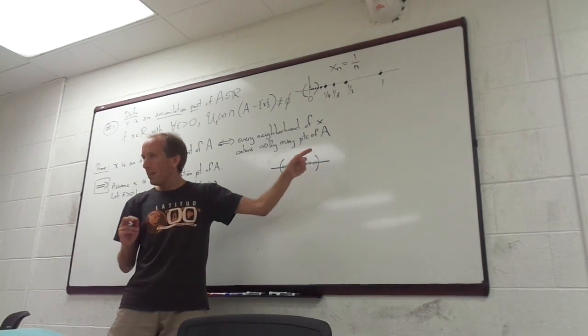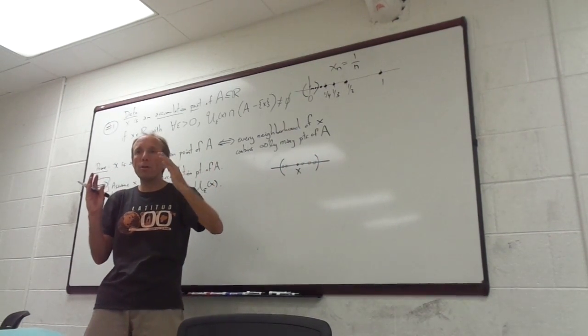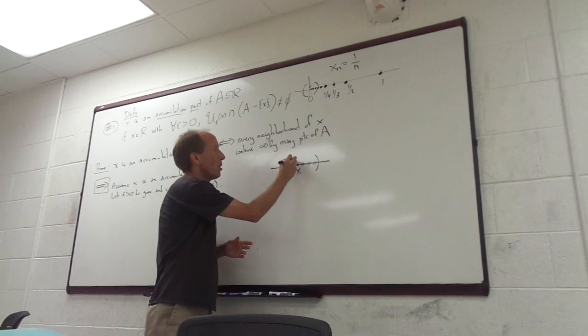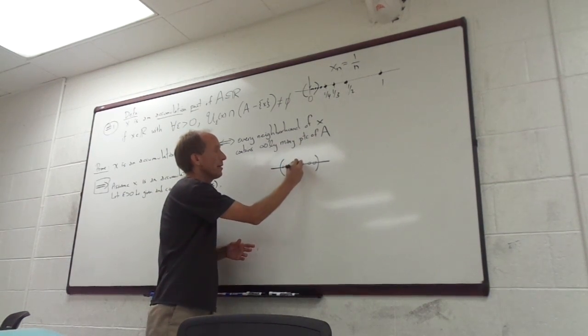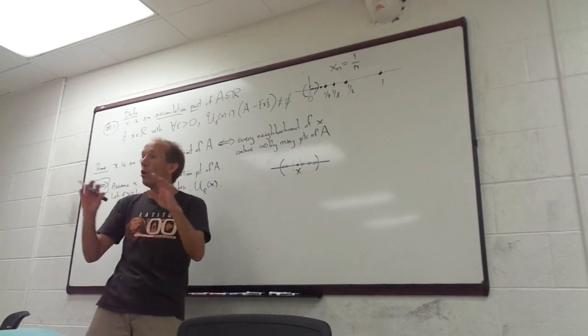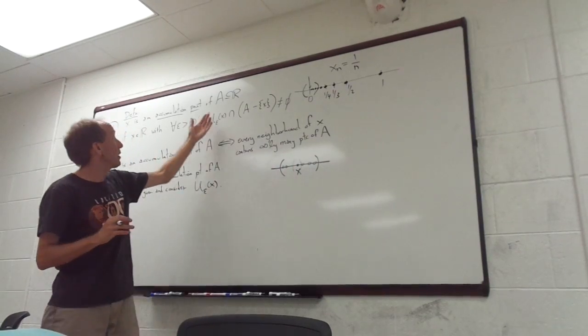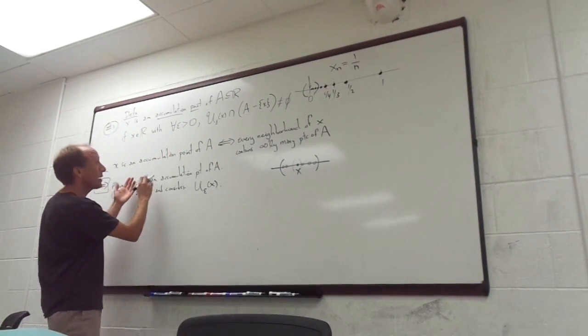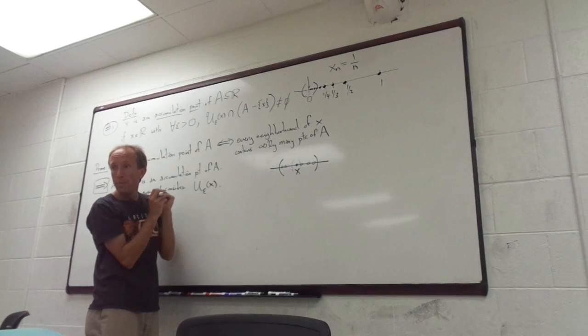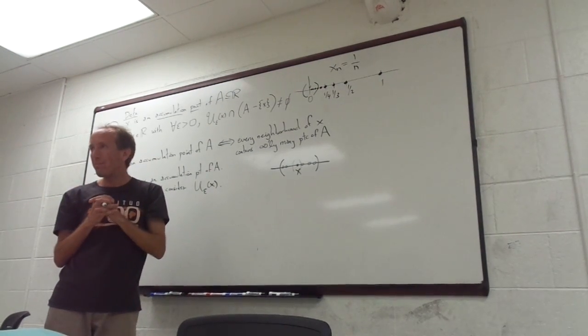I would be able to make a smaller neighborhood here, which has no elements of capital A in it, and that would violate this definition. We're assuming that x is an accumulation point. That's the intuition behind it.